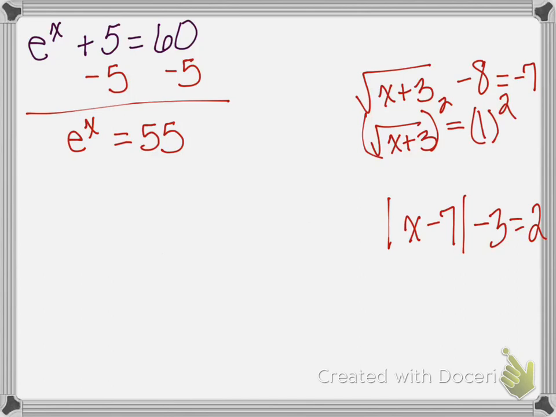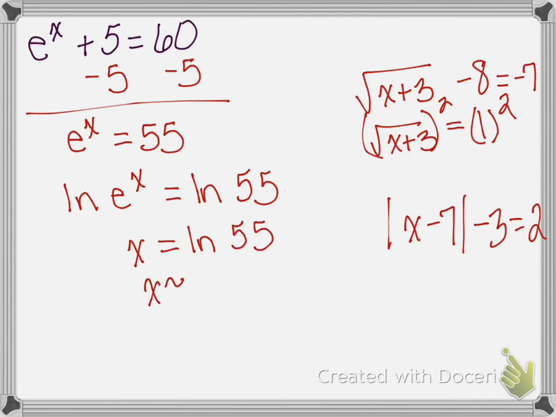Anytime you have an e in an equation, that should indicate to you that you need to take the natural log. So we are going to take the natural log of both sides. The natural log of e, what happens to that? Cancels. So I'm just left with x. So x equals the natural log of 55.